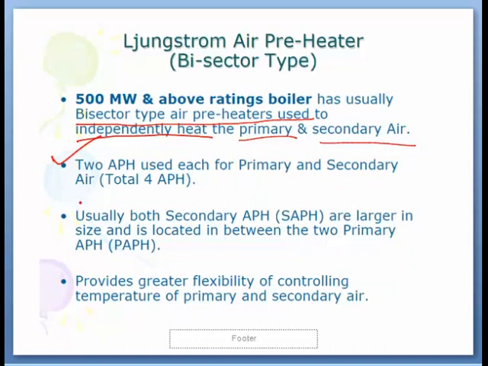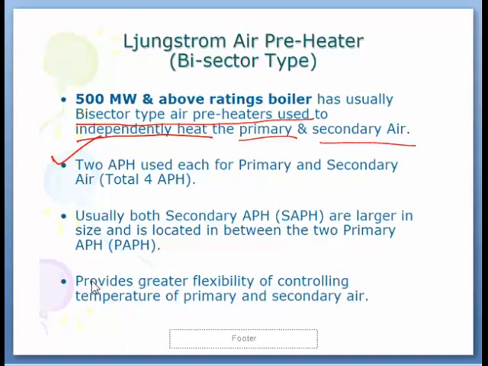Already we discussed that the size of the secondary air preheater will definitely be larger in comparison with the primary air preheater, because the total requirement of secondary air is much more in comparison with the primary air. Primary air is just used for handling the pulverized coal, or it is a carrier to send the pulverized coal from the mill to the furnace.